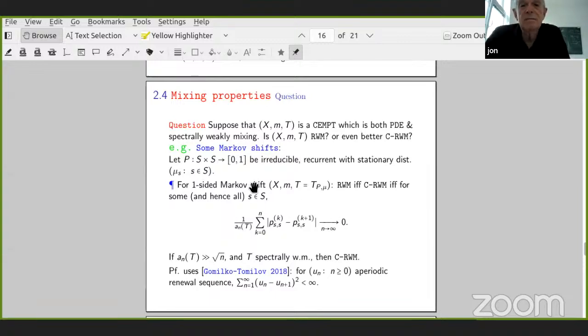So we have an irreducible recurrent Markov chain with stationary distribution mu. The one-sided shift is rationally weakly mixing if and only if it is conditionally rationally weakly mixing, if and only if, for every S, you have this kind of smoothness condition of the renewal sequence. If you remember, we had the strong ratio limit property, where this was asymptotic, yeah?